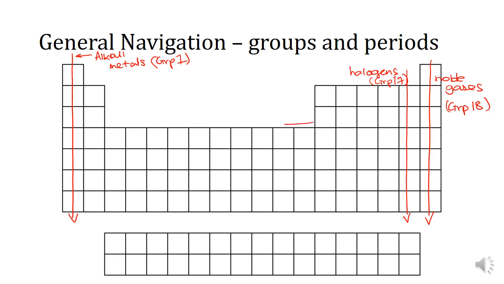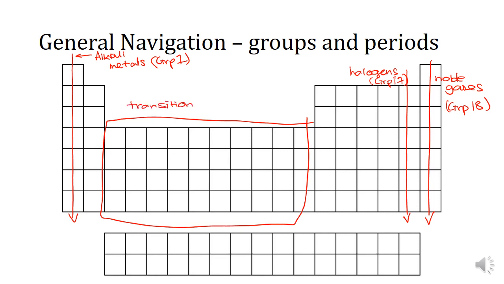Then in the middle, this D block is our transition metals. Then we have our lanthanoids and our actinoids.